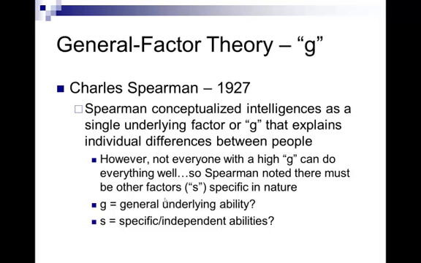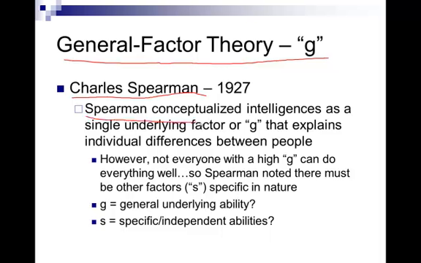And so we're going to kind of look at some of them in the next few slides. The first one is your general factor theory, or your G, like we mentioned just a few minutes ago. Charles Spearman is the researcher that, in the 20s, started looking at intelligence.